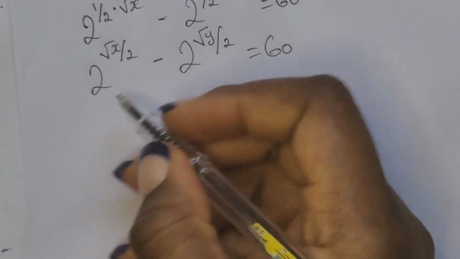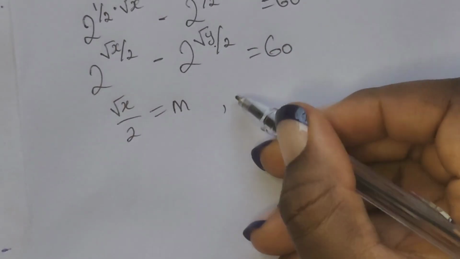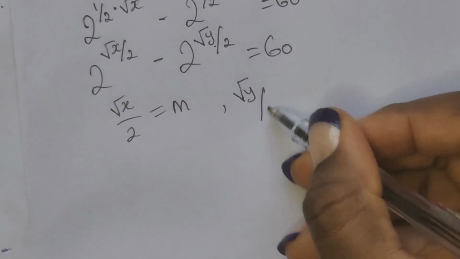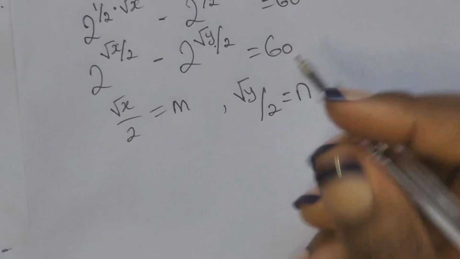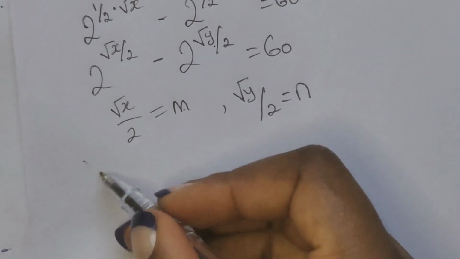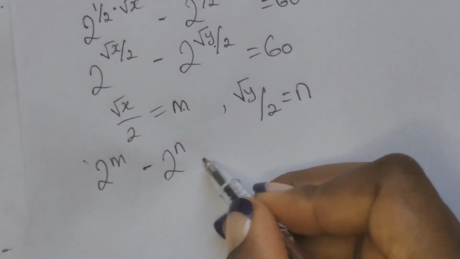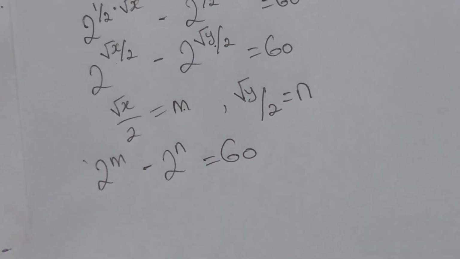Let's name this power root of x over 2 to be equal to m, and let root of y over 2 to be equal to n. So we'll be replacing this with m to have 2 to the power of m minus 2 to the power of n all equal to 60.